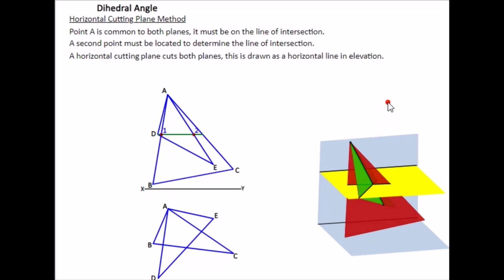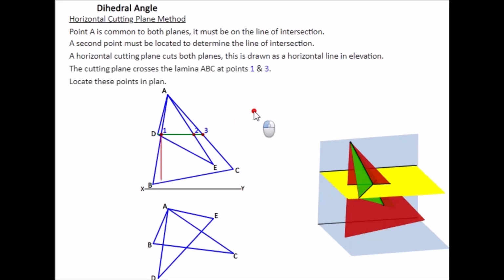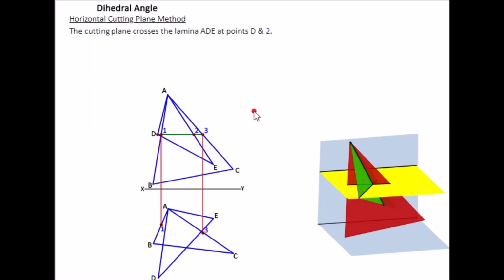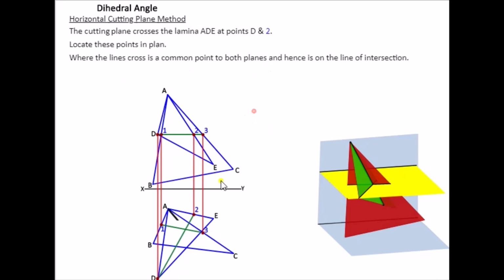So we have the 2 points marked off here on the triangle ABC, and then we have another point marked off on the triangle ADE. So these points are brought down and marked off, and this is our line of intersection found.